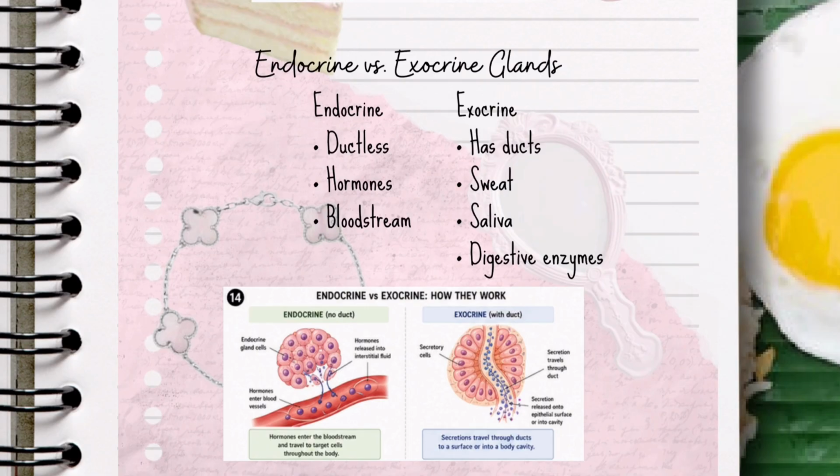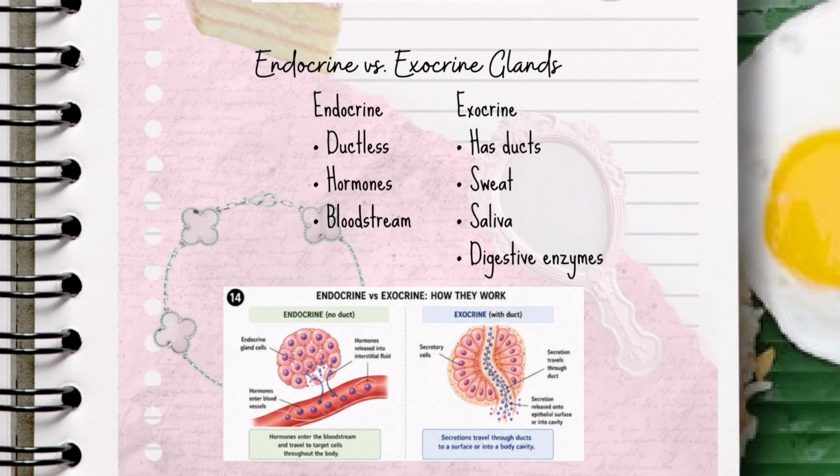Examples include sweat glands, salivary glands, and the pancreas, which releases digestive enzymes into the digestive tract. A useful memory trick is: endocrine enters the blood, exocrine exits through a duct. Keeping this distinction in mind makes it much easier to identify gland types in anatomy and physiology.